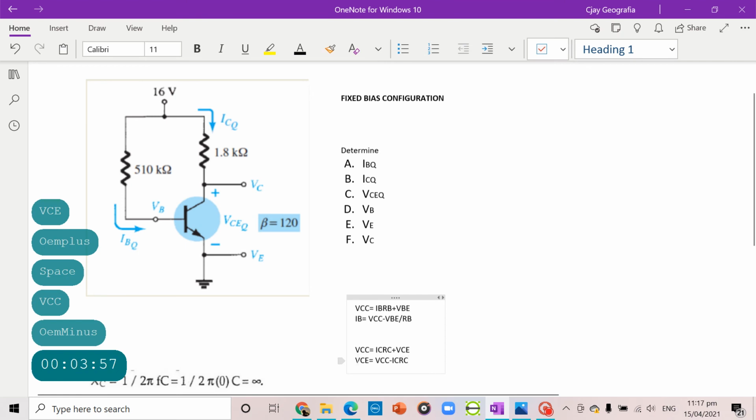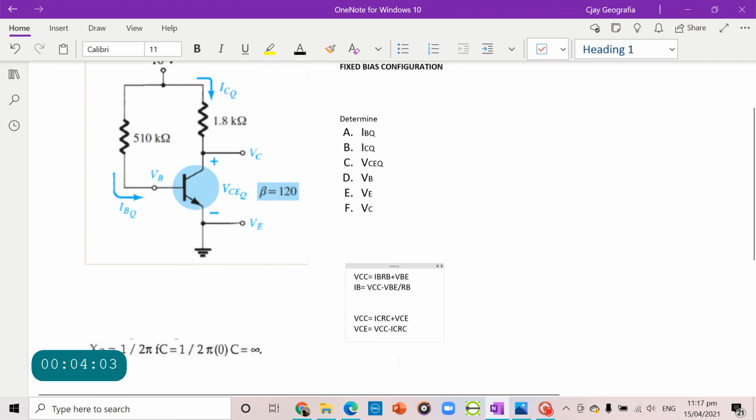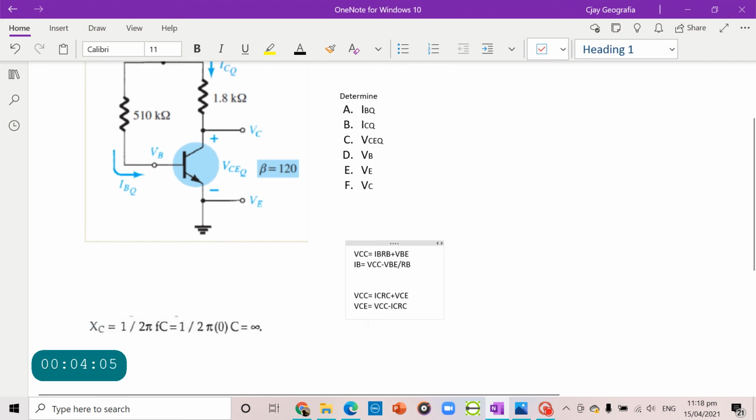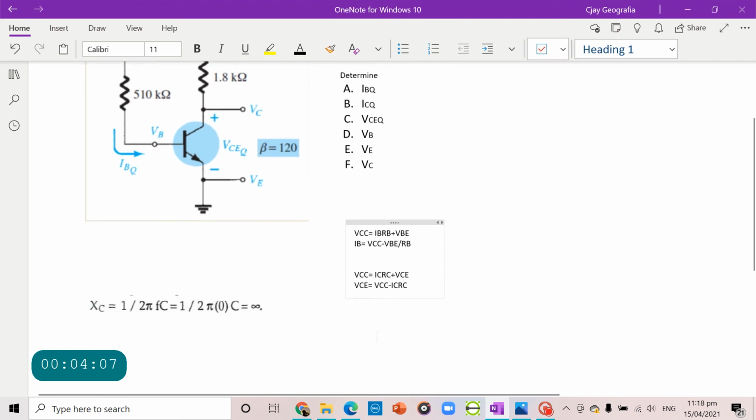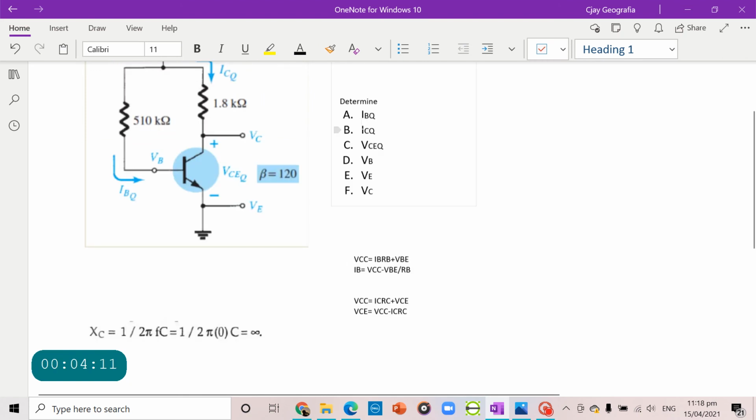So this is for the collector circuit, which is denoted as the expression. Okay, so first we have to determine the IBQ, the ICQ, VCEQ, VB, VE, and VC.